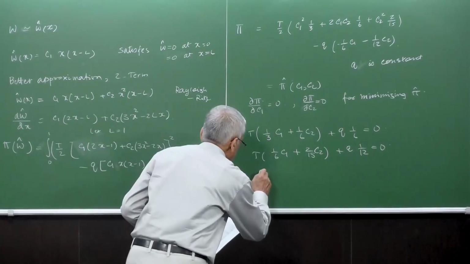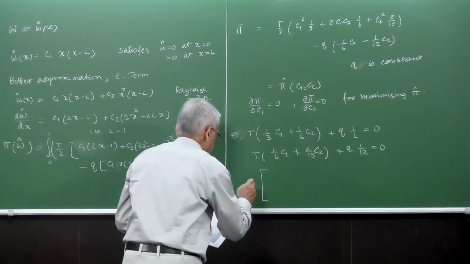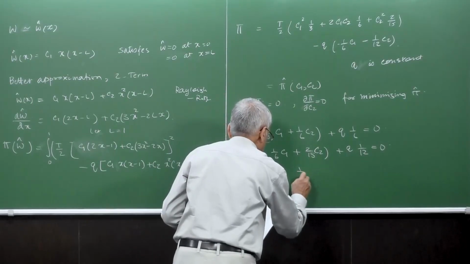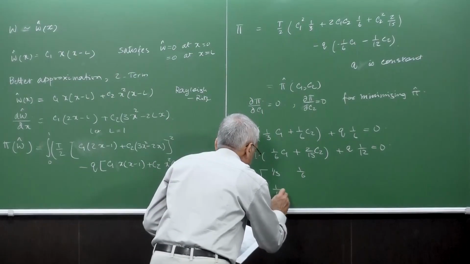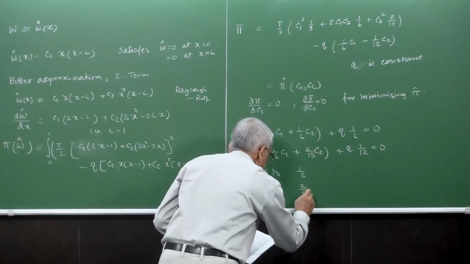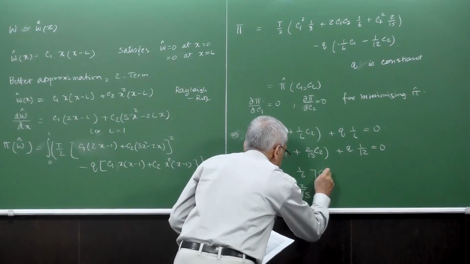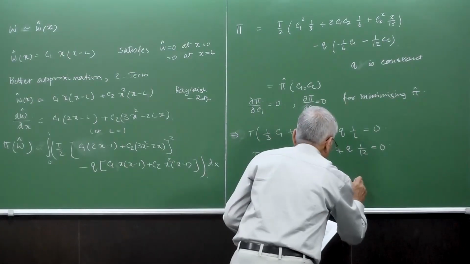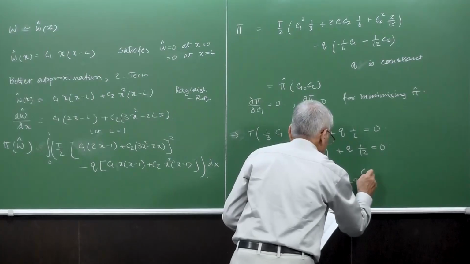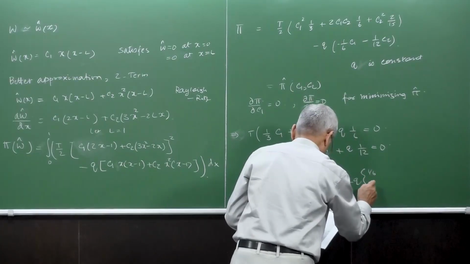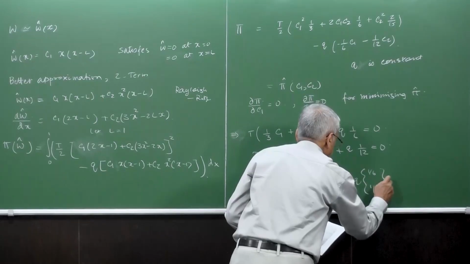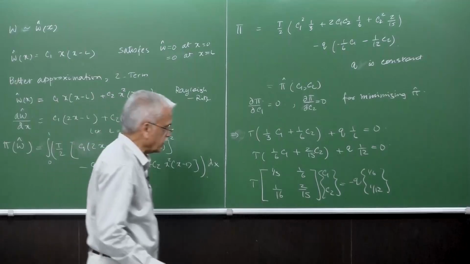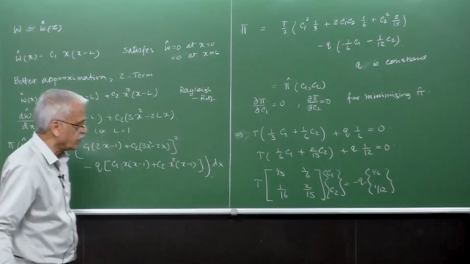So if you want, we can even put it in the form of the matrix 1 by 3, 1 by 6, 1 by 6, 2 by 15, minus Q. All right. So that's two equations which we get, and then we put it in the form of a matrix.